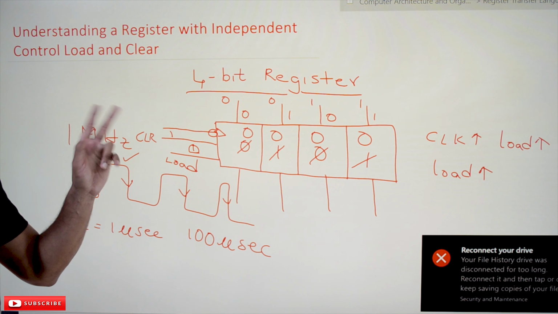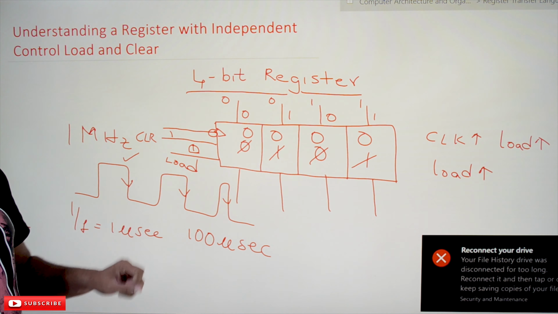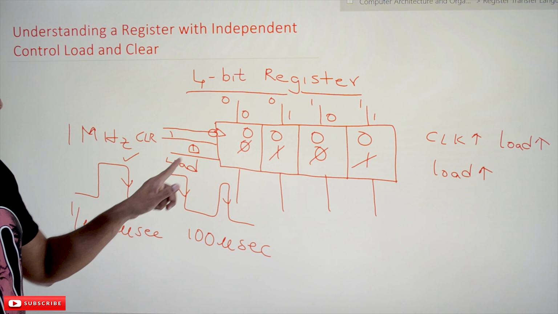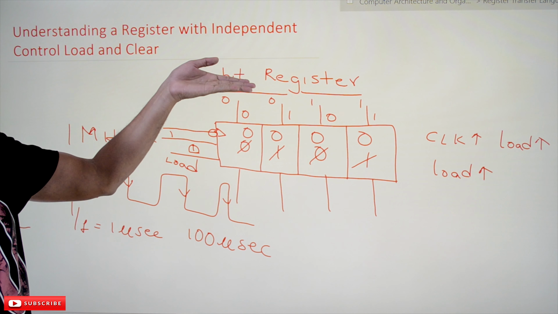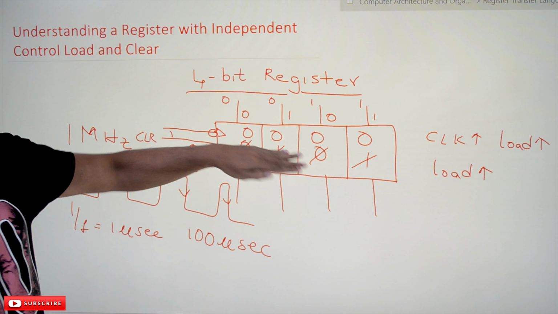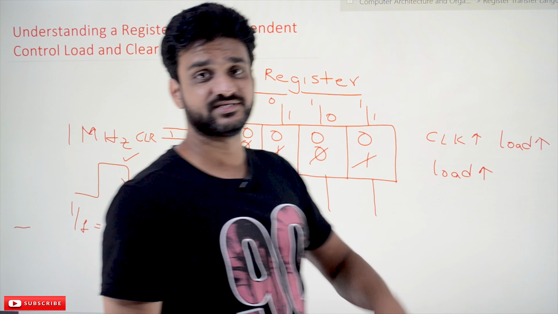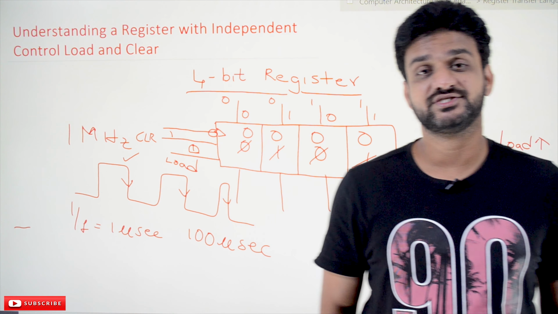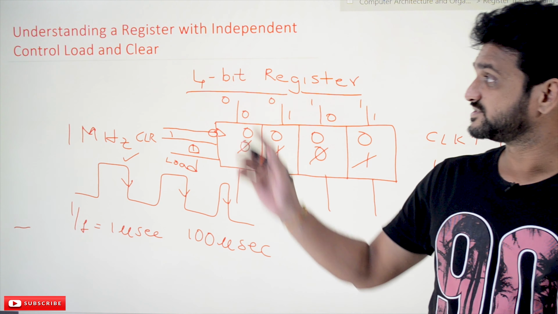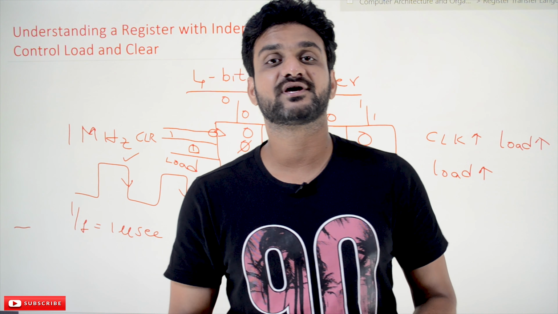So we have two independent inputs, load and clear. Whenever load is 1, the input values will get loaded onto the register, and whenever clear is 1, the values within the register will get cleared to zeros. So this is a register with independent controls, load and clear. Hope you got clarity on this concept.